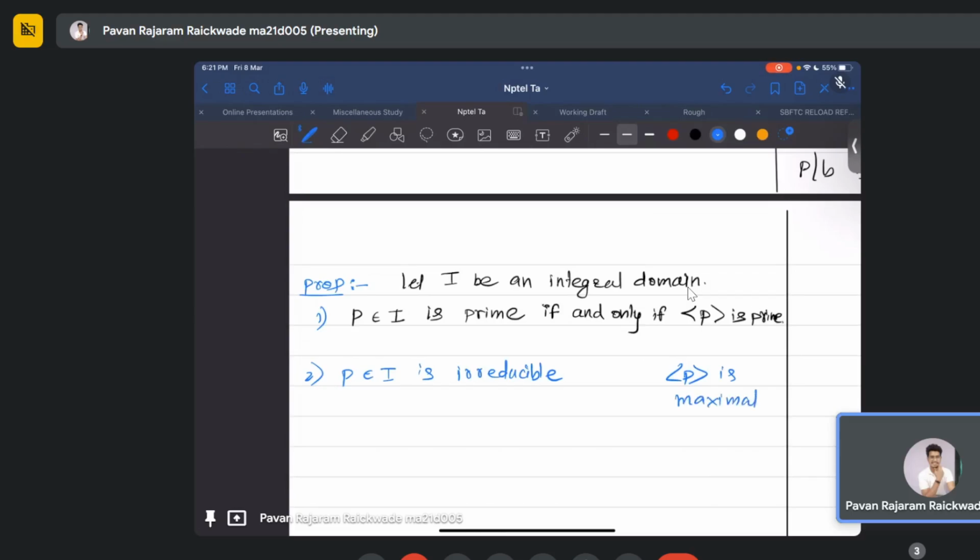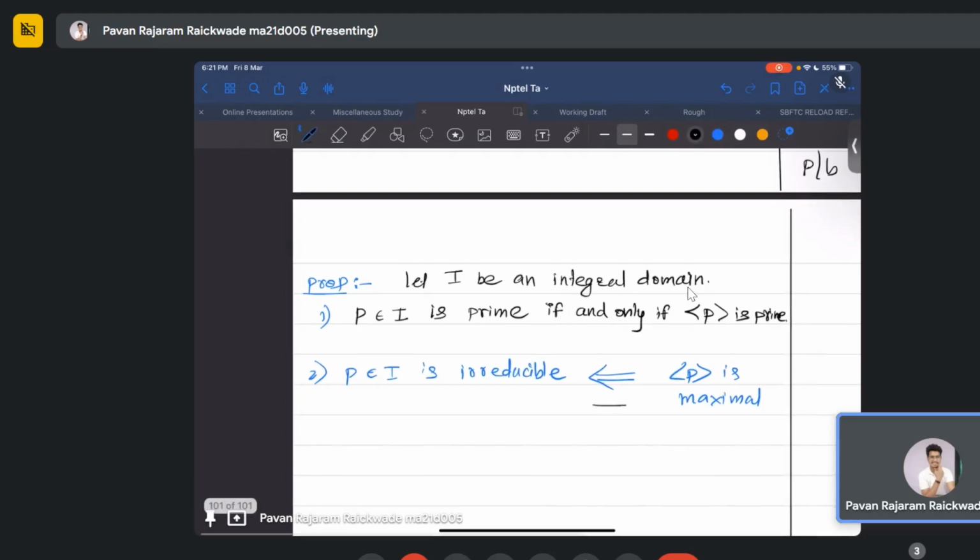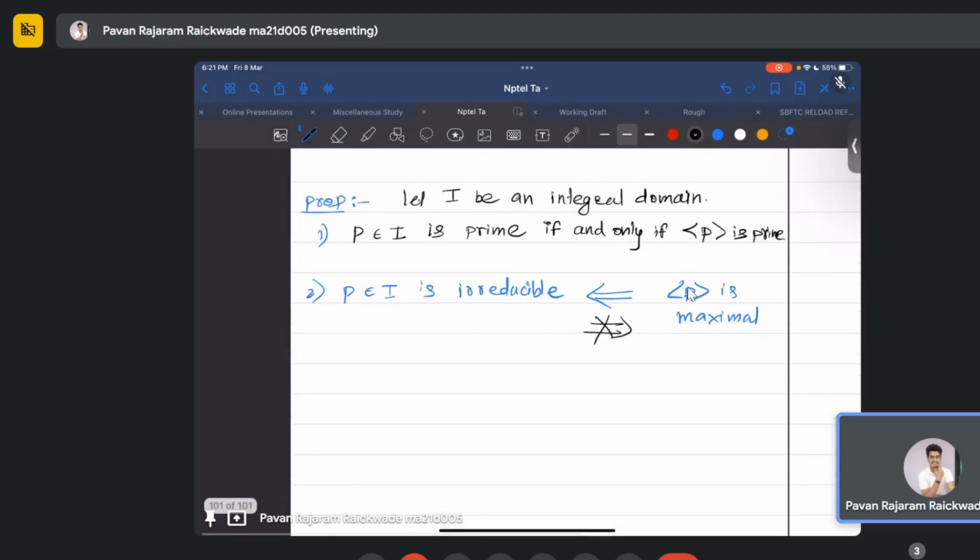So is this if and only if? This is generally not if and only if. Only one direction is true generally. If the ideal is maximal, then that element is irreducible. This is generally true, but the other way around is not true. So we'll prove this.